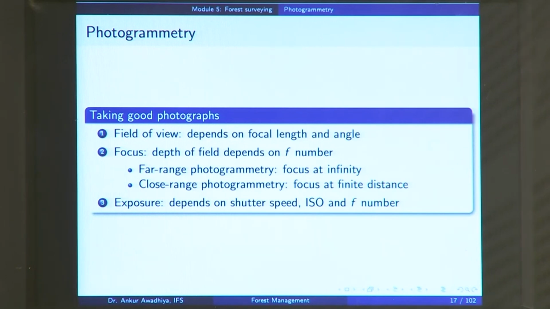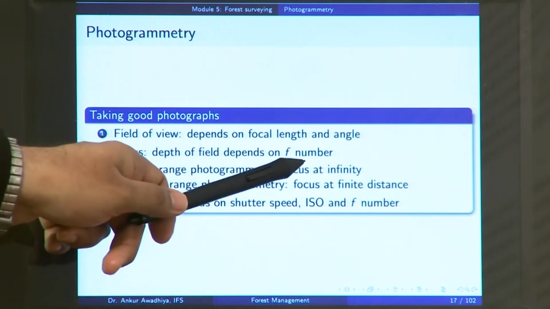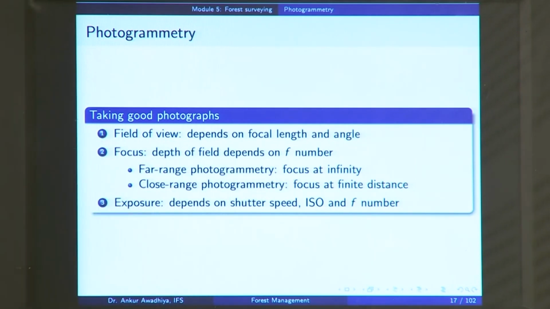And when we talk about the focus, in the case of photogrammetry we typically make use of two kinds of focuses. You can make use of far range photogrammetry, where you are focusing your camera at infinity. So, in this case objects that are very far from the camera will look crisp and clear, but objects that are close to the camera will probably look out of focus.